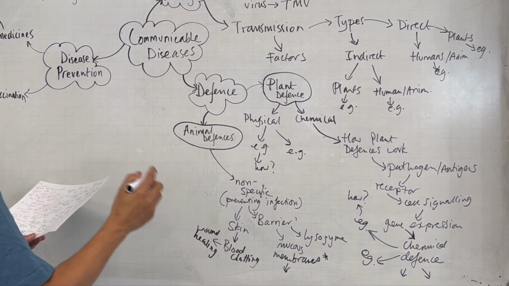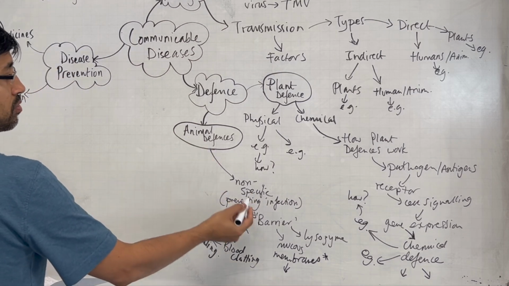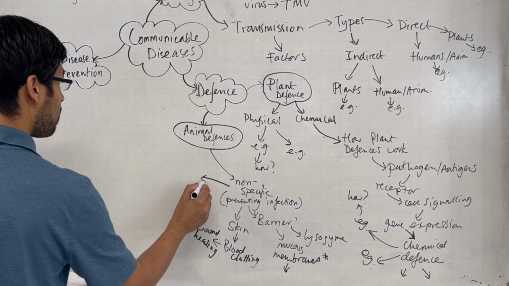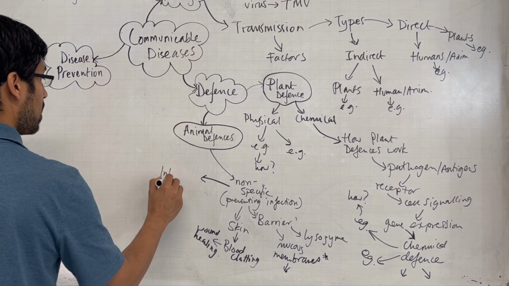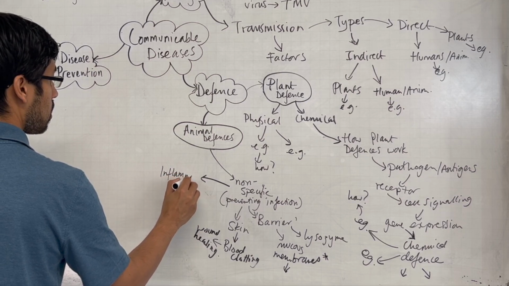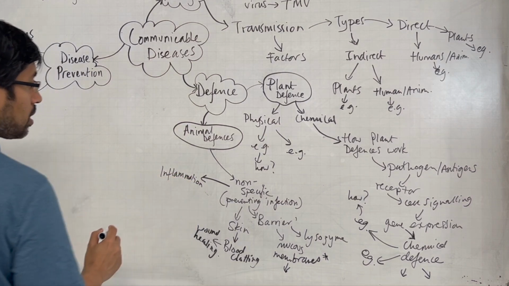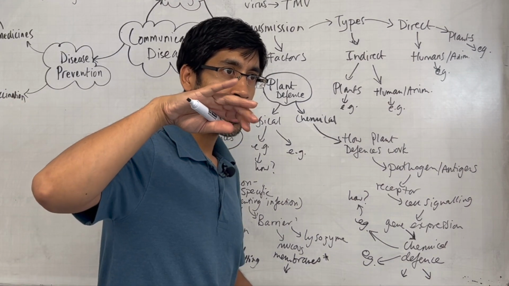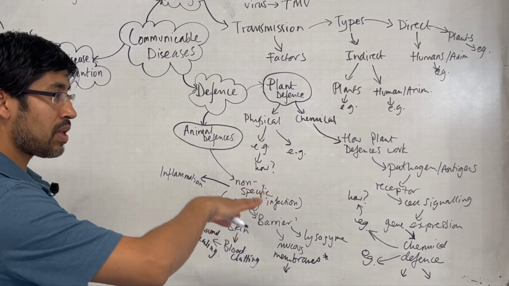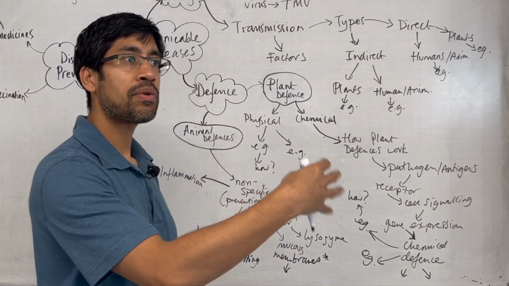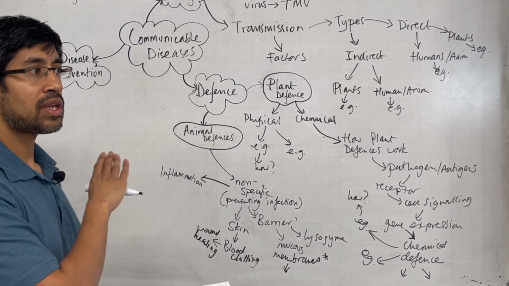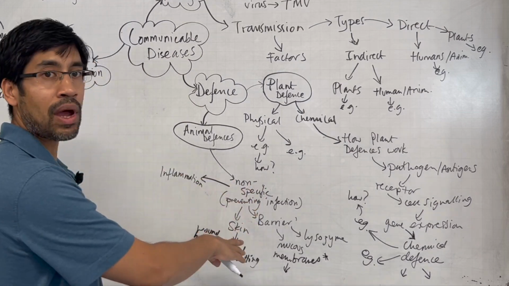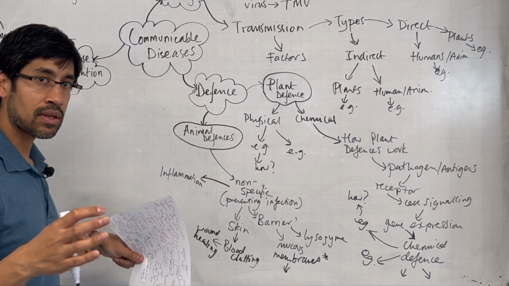Let's move on. Then we have the next level of defense, which is still non-specific, but it is next level, and that is inflammation, the inflammatory response. So this is when the pathogens do penetrate the barriers, there are still some non-specific mechanisms in place to remove or destroy any pathogens that might have got through the barrier before a proper infection sets in.